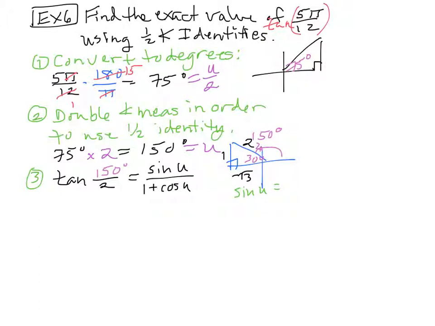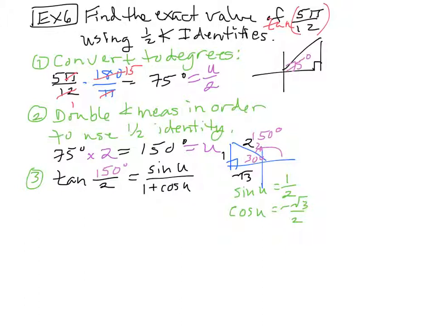What's my sine? Some old hippie. Opposite over hypotenuse, which is? Opposite is 1, hypotenuse is 2. So my sine is positive 1/2. Remember, sine is positive in quadrant 2. And then what is the cosine of u? Negative radical 3 over positive 2. So I have one positive and one negative.